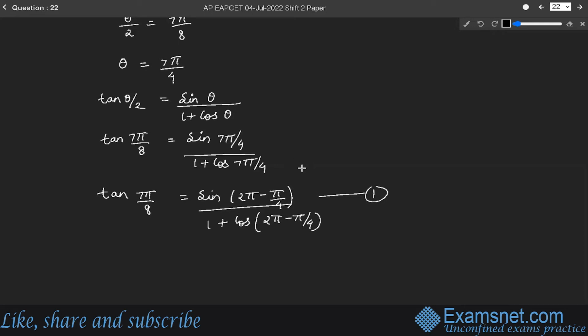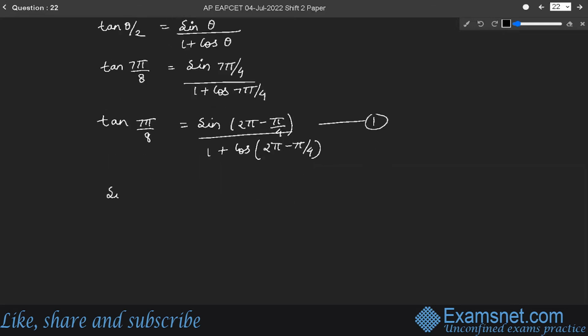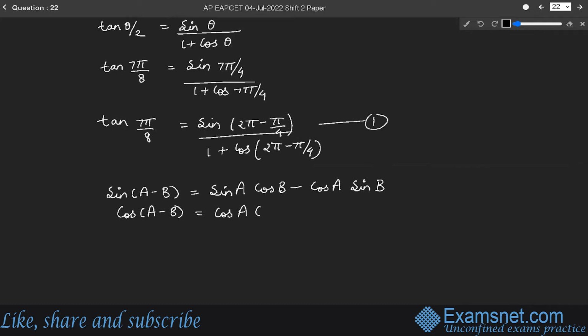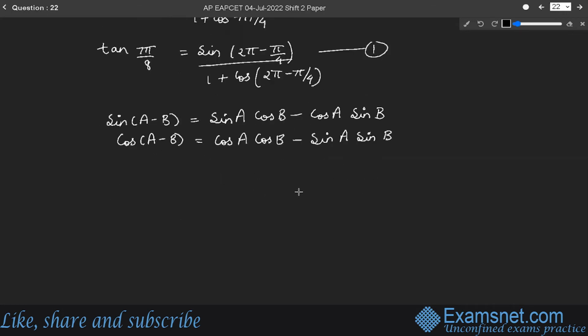Now, by using the trigonometry formula, we know that sin (A minus B) is equal to sin A cos B minus cos A sin B. And we also know that cos (A minus B) is equal to cos A cos B plus sin A sin B. By using this trigonometric formula on the right hand side of equation number 1, we get, see, there is sin (A minus B) and cos (A minus B).